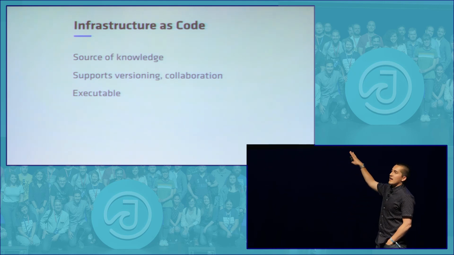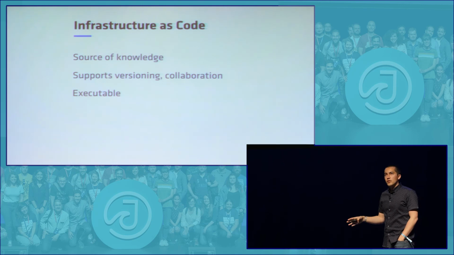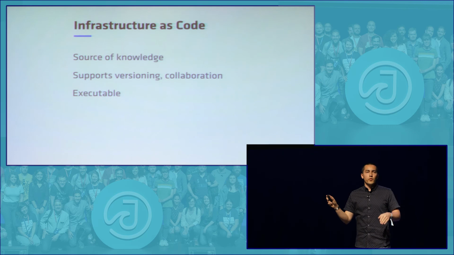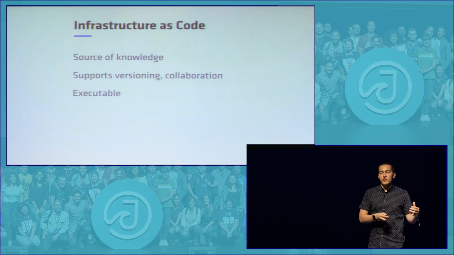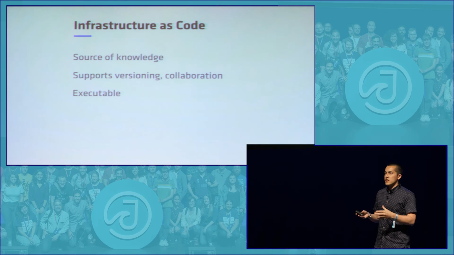And if I were to skip to the last one, that source of knowledge, in Terraform's case, is also executable. The way you describe your infrastructure is also the same format that Terraform reads to create the infrastructure. So not only is it a source of knowledge, it is the source of truth. It is the actual correct place for what is currently represented. And this is a huge benefit over something like a README.